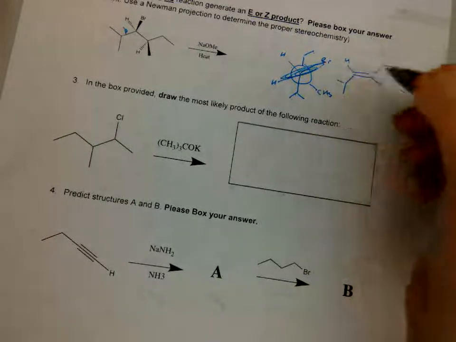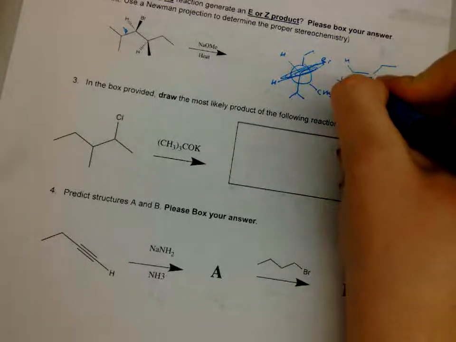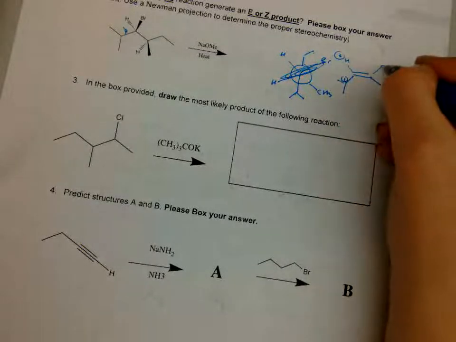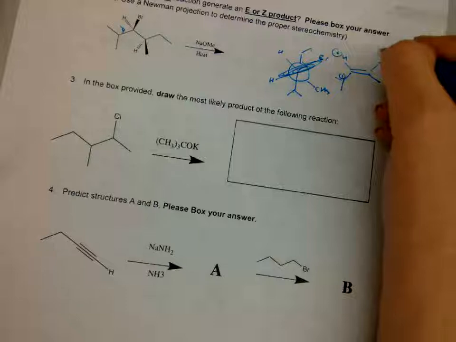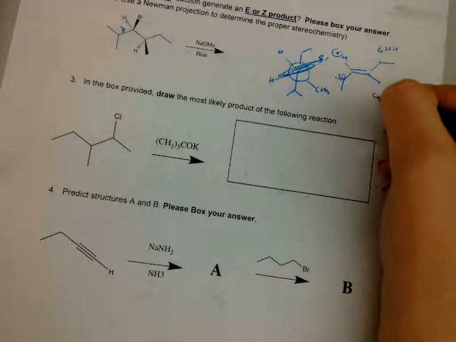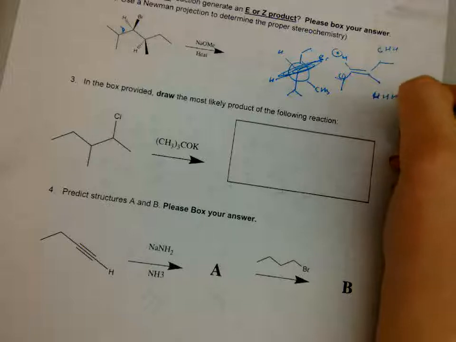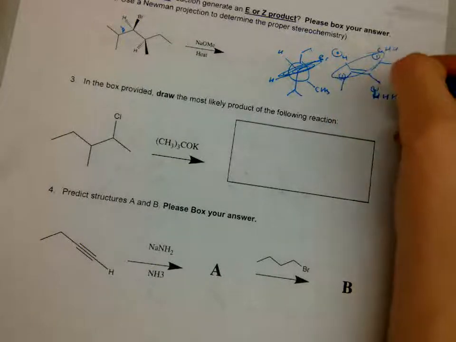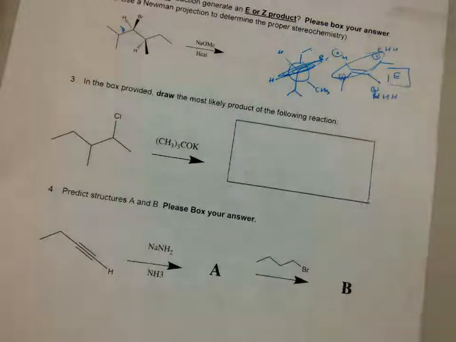So then we identify priority. Carbon is a higher molecular weight than hydrogen, so this is a higher priority group. These are both carbons, but this carbon is attached to another carbon and 2 hydrogens, and this carbon is only attached to 3 hydrogens, so this carbon is higher priority. So these are on the opposite side, so this would be an E product.